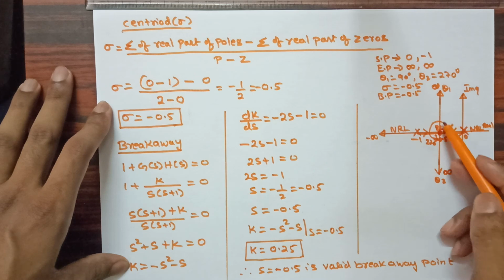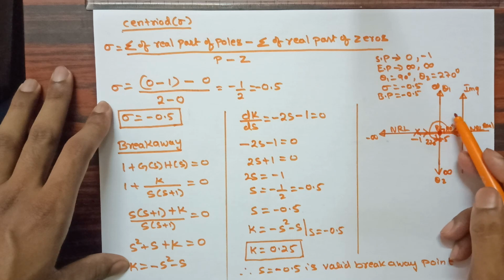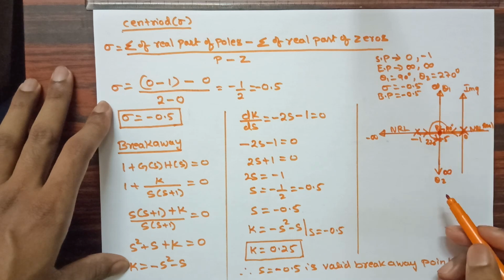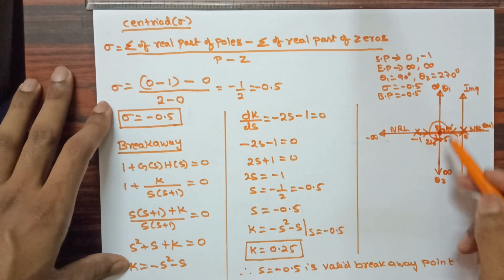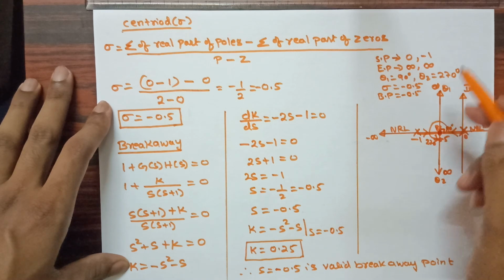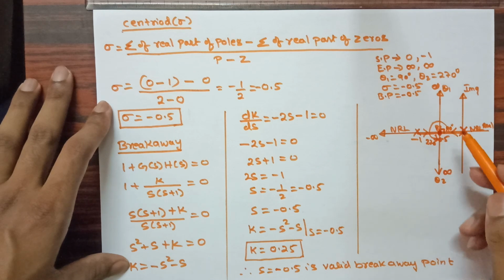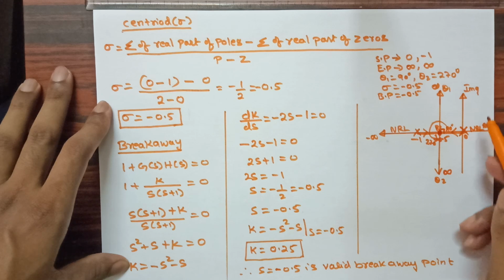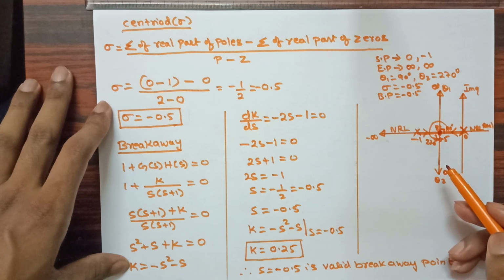If the locus had deviated from its angle, then there would be a chance of intersecting the imaginary axis. So we understood that we need not calculate the intersection with the imaginary axis in this case, because both loci are going straight, one at 90 degrees and another at 270 degrees, and there is no question of the locus coming to the right-hand side.